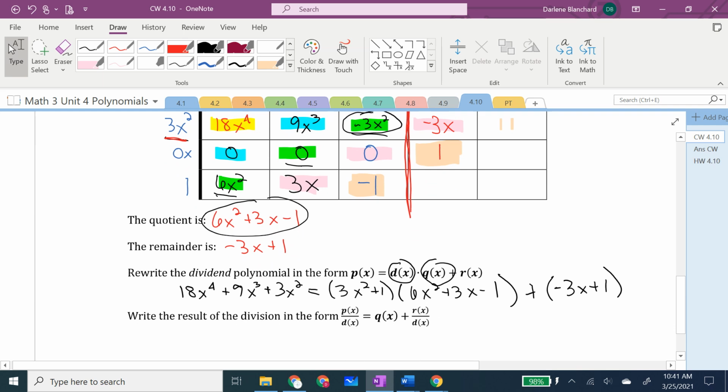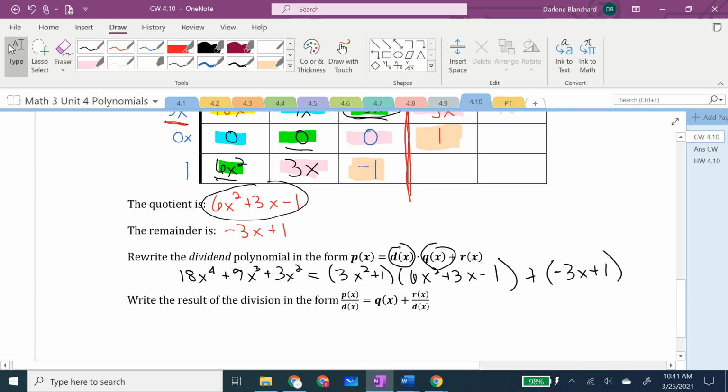The other way that you might be expected to use this division is to come up with a result of the division. You were asked to divide 18x to the fourth plus 9x cubed plus 3x squared by 3x squared plus 1.